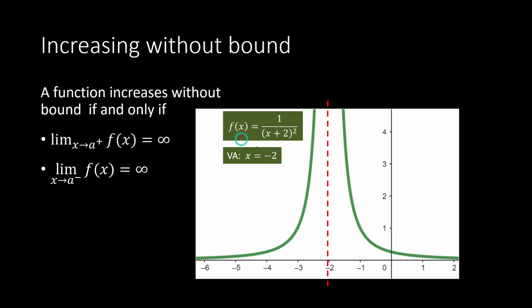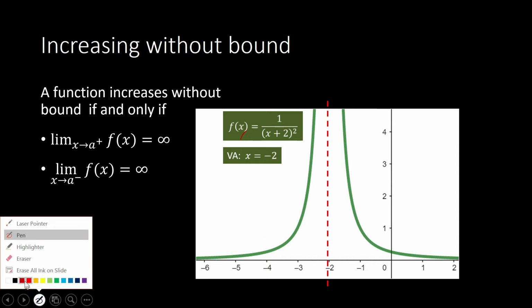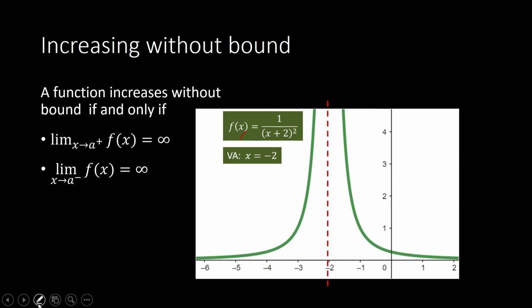The limit of this function as x approaches negative 2 from the left. Okay, so this is your horizontal axis. You will approach negative 2 from the left, and your function goes to infinity.